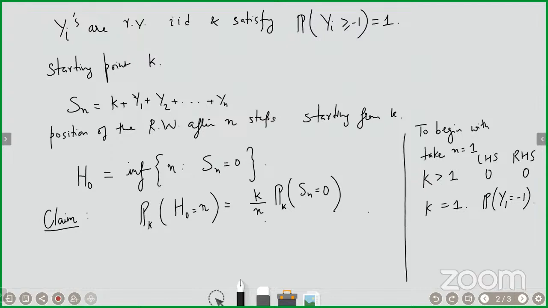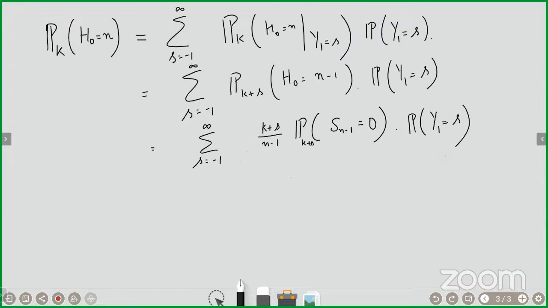What I'm missing is an n minus 1 in the denominator, and there is an extra k plus s which I want to get rid of, and inside there is a k plus s and there is Sn, whereas I want Sn minus 1. What I want is to recover the first delta. So what do you think I can do? There is very little you can play with here. This is kind of frozen, and there's nothing much to do here. Now, what is it that you can play with?